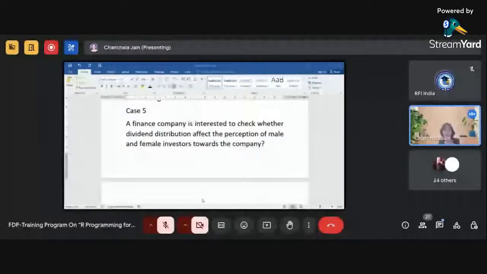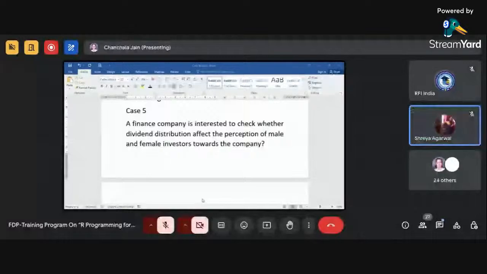If I'm using a Likert scale, suppose I ask 5 questions to measure the perception of the people for a dividend distribution, I can take an average of those questions. This will become a continuous variable, and then I can compare male and female: what is the score of males, what is the score of females, and that way I can make a comparison in depth. And it can be a case of independent samples t-test in such cases. Is it clear? Okay, ma'am.